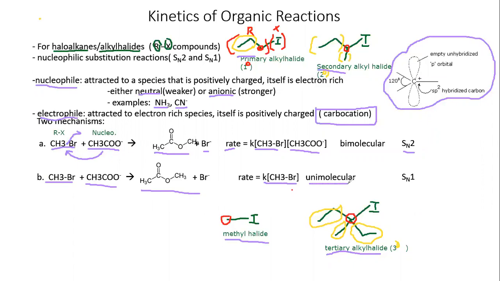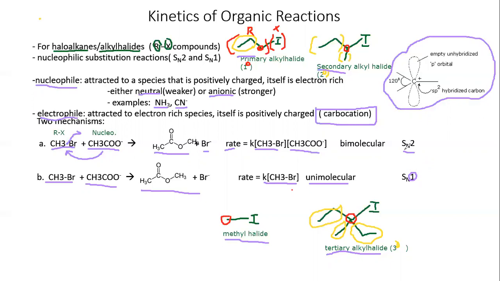So only one reactant exists in the rate law. And since there's only one reactant, this is referred to as SN1. So S means substitution, N means nucleophile, and 1 means unimolecular molecularity for the rate determining step.